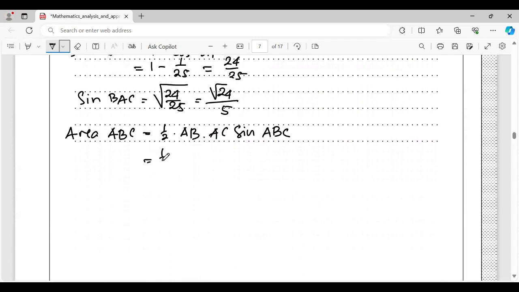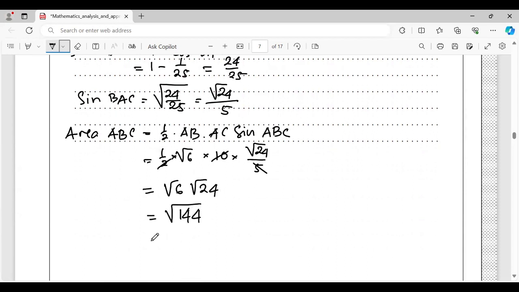So it's half times square root 6 times 10 times square root 24 over 5. 10 divided by 2 equals 5, and 5 divided by 5 equals 1. So square root 6 times square root 24 is square root 144. So area ABC is 12 centimeters squared.